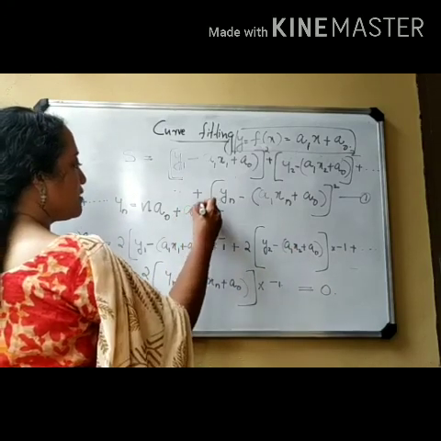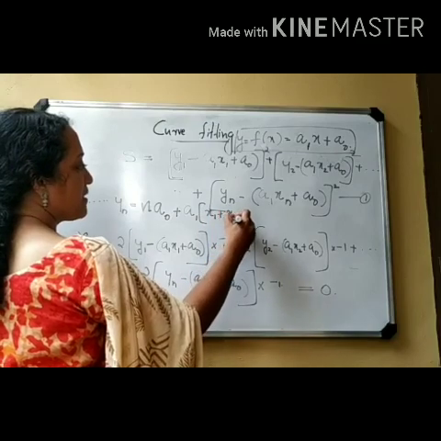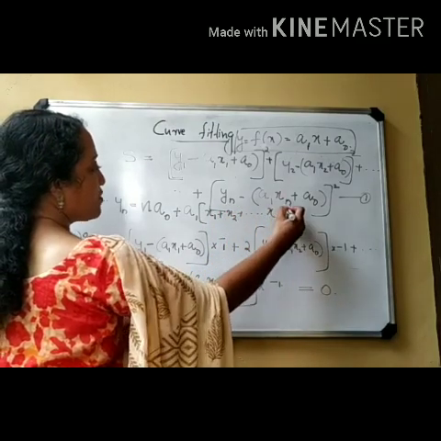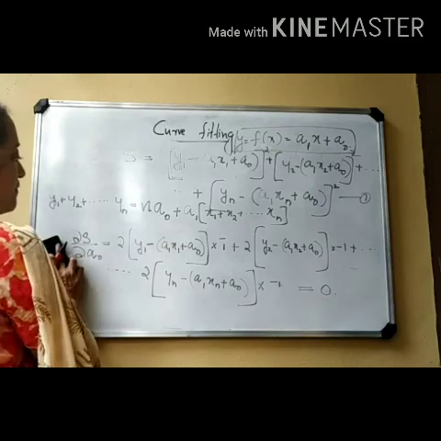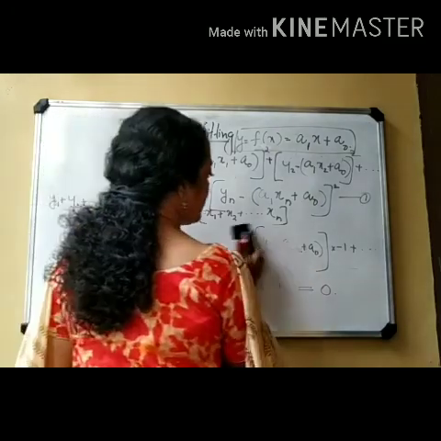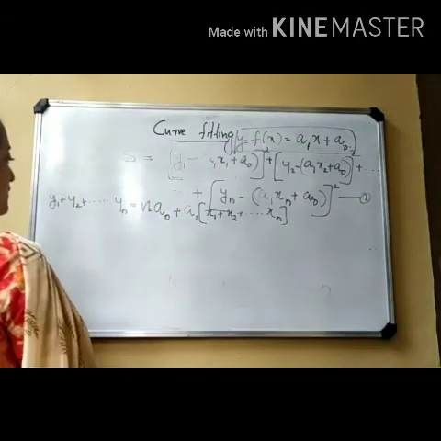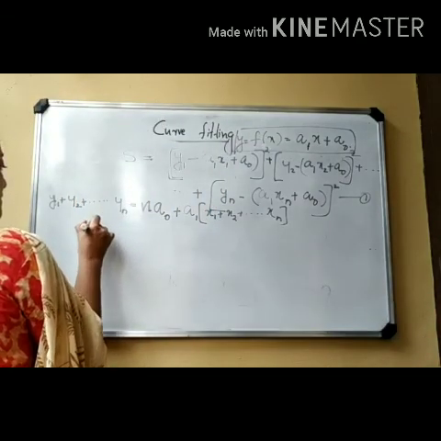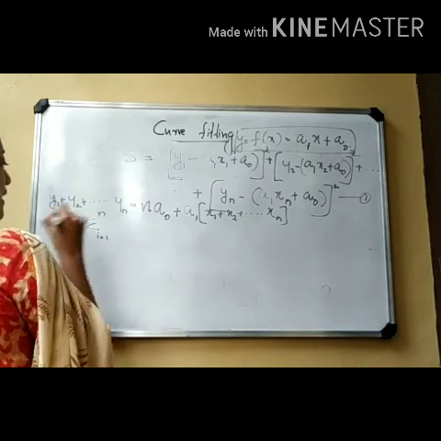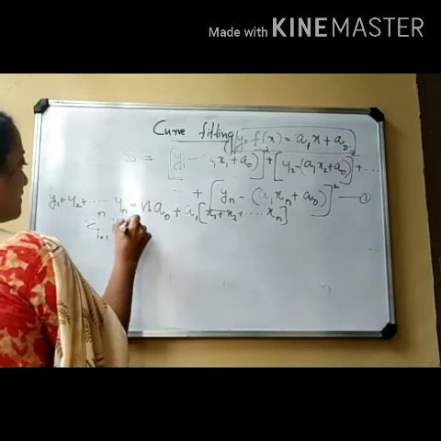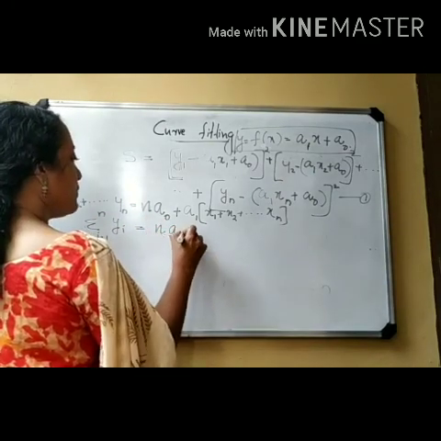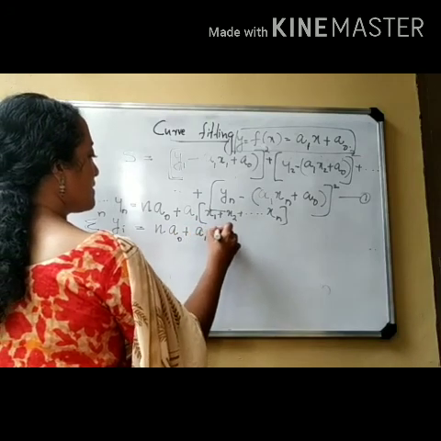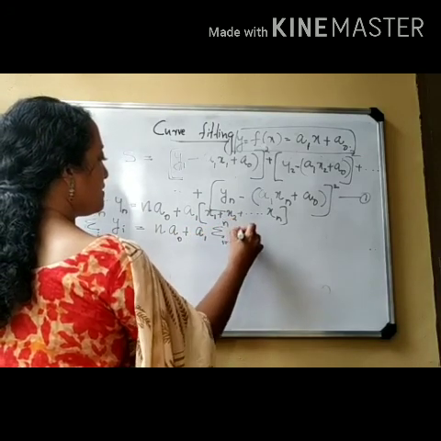So a1 into x1 plus x2 plus etc. up to xn. Again, we may rewrite this as sigma i equals 1 to n yi equal to n times a0 plus a1 times sigma i equals 1 to n xi.